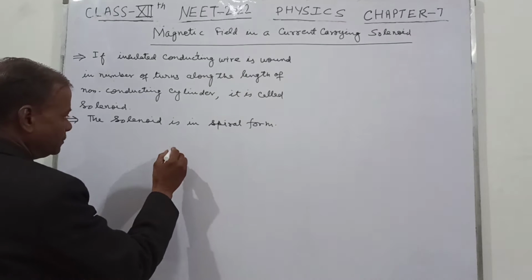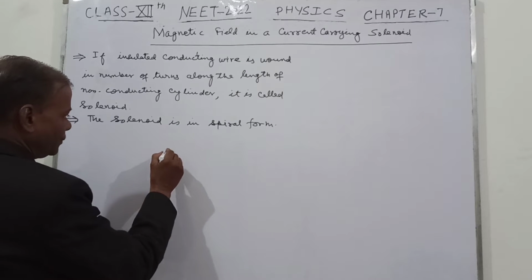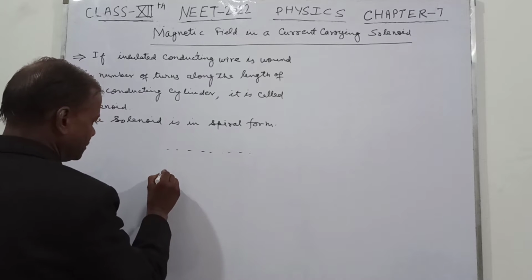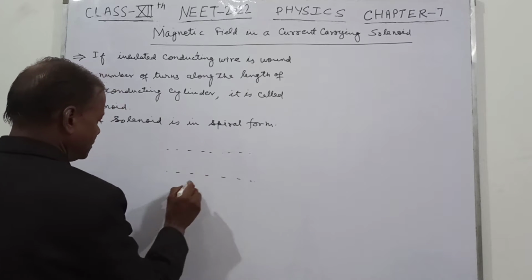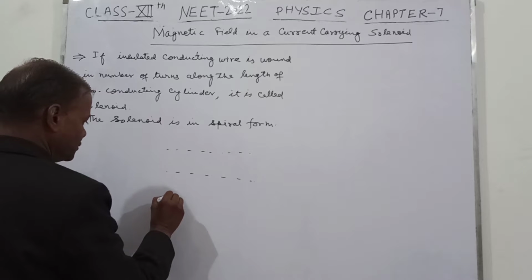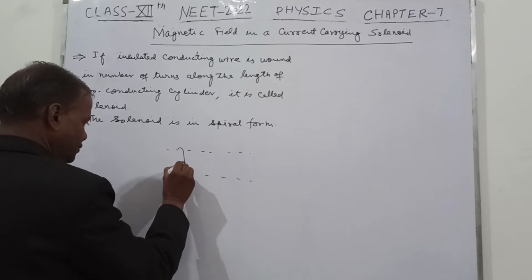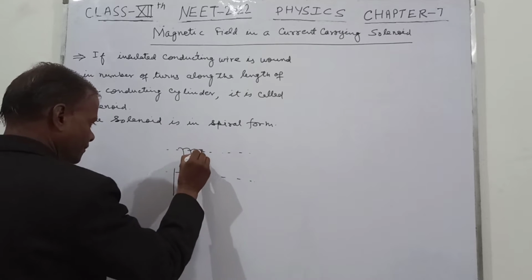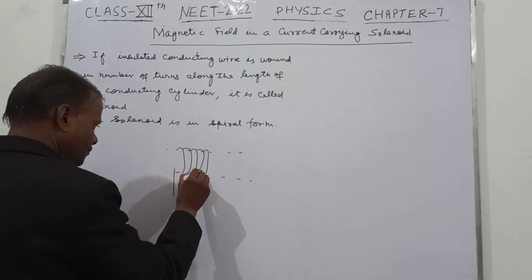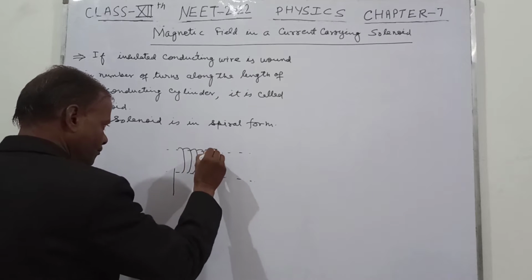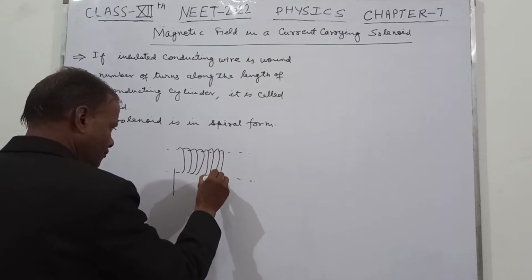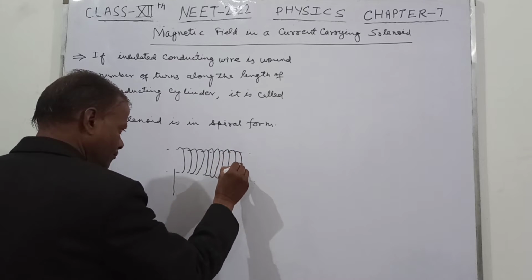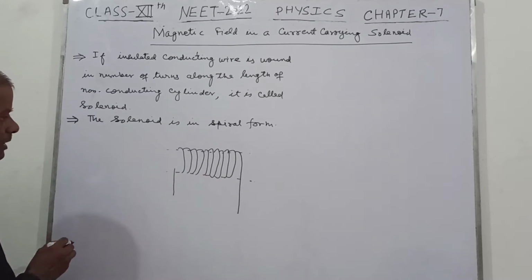So it is like this one. Suppose the wire is wound here, and this is coming out like this.